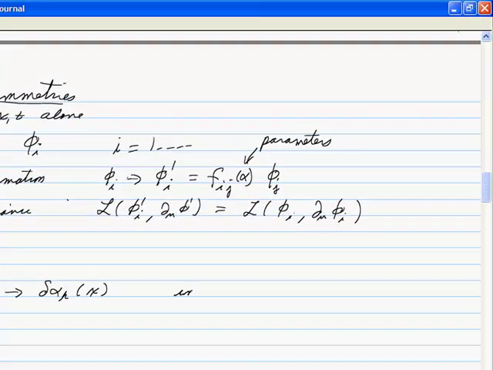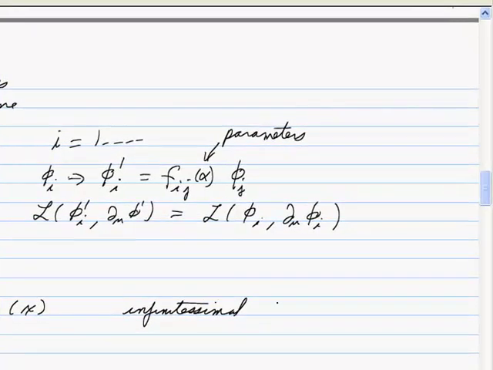So they become infinitesimal and functions of x, of space and time.